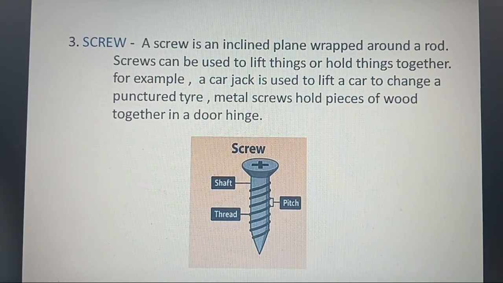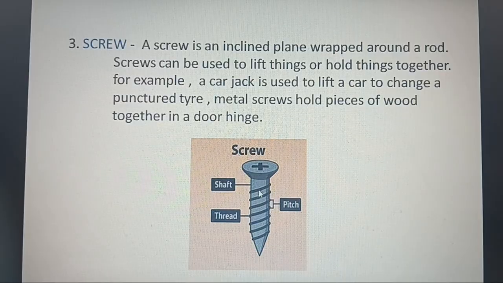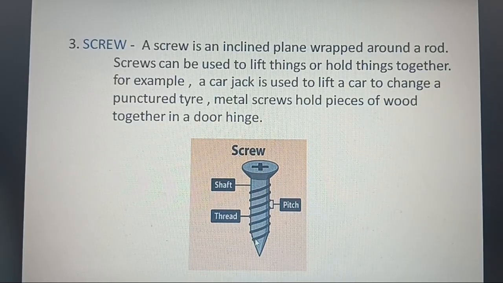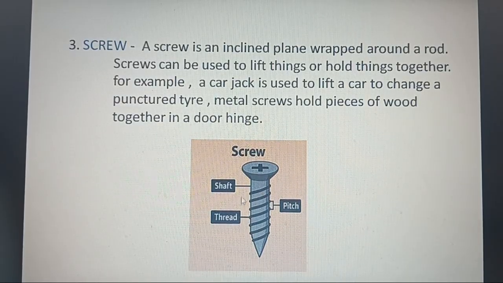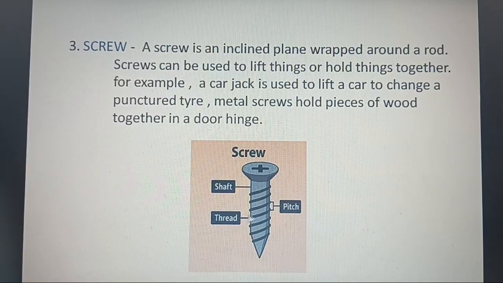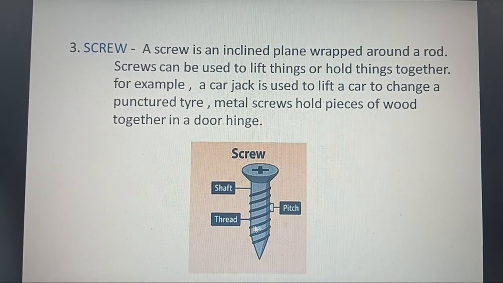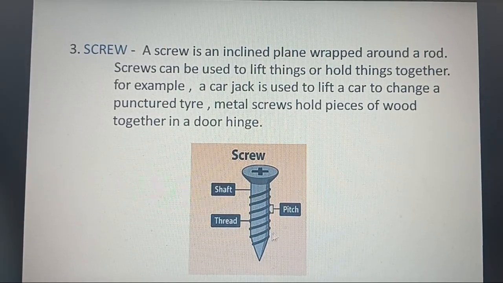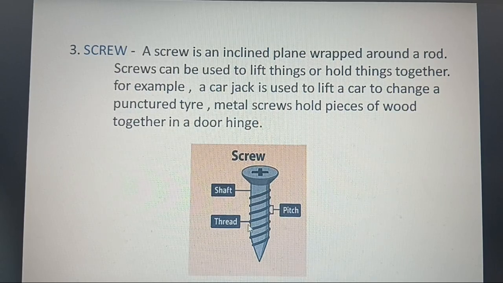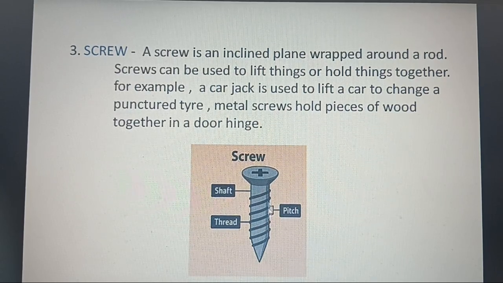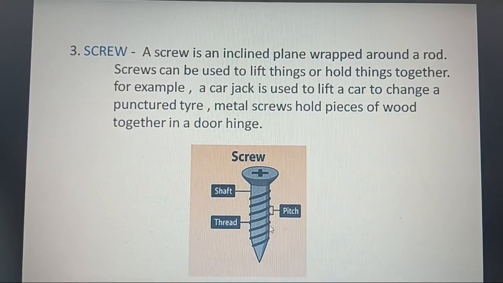Like you can see in this picture, this is the inclined plane. As you see, these rings are making the inclined plane. And this is the screw. These are the threads which are making the inclined planes.